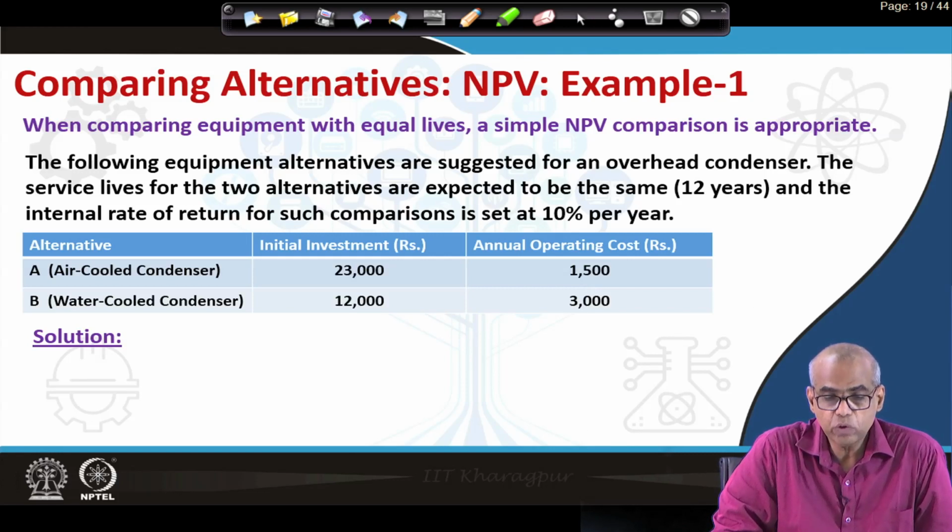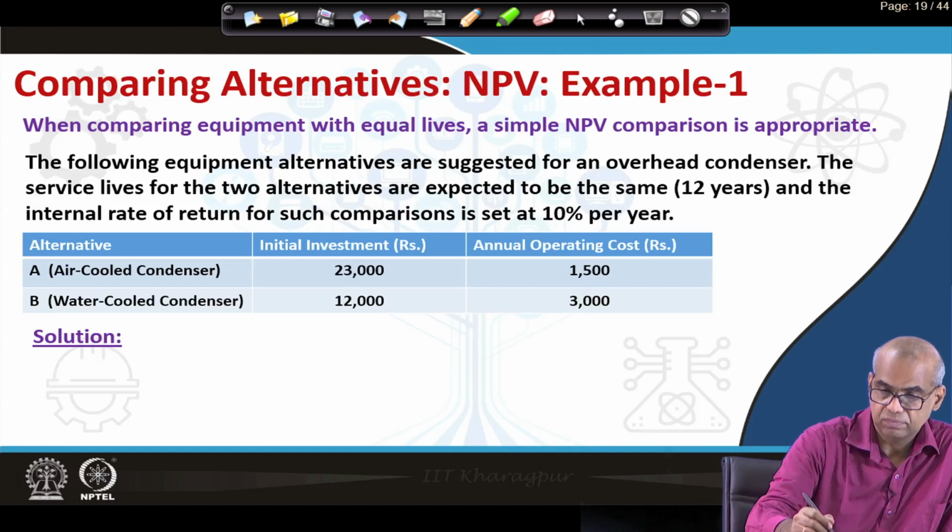When comparing equipment with equal lives, a simple NPV comparison is appropriate. The following equipment alternatives are suggested for an overhead condenser. The service lives for the two alternatives are expected to be the same, 12 years. So, you can make use of NPV, and the internal rate of return for such comparisons is set at 10%.